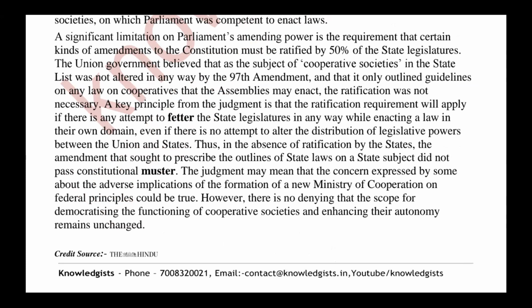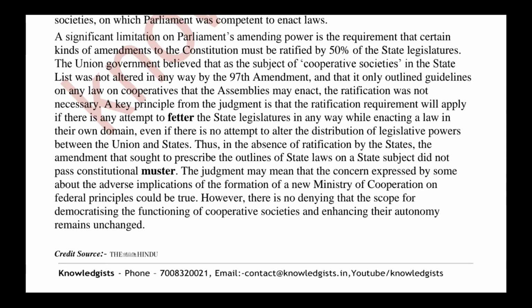The Union government believed that as the subject of cooperative societies in the State List was not altered in any way by the 97th Amendment, and that it only outlined guidelines on any law on cooperatives that the assemblies may enact, the ratification was not necessary.